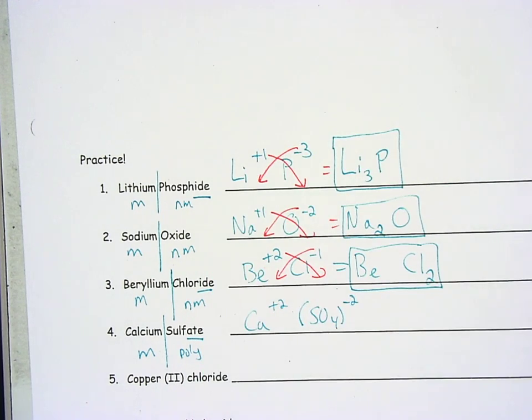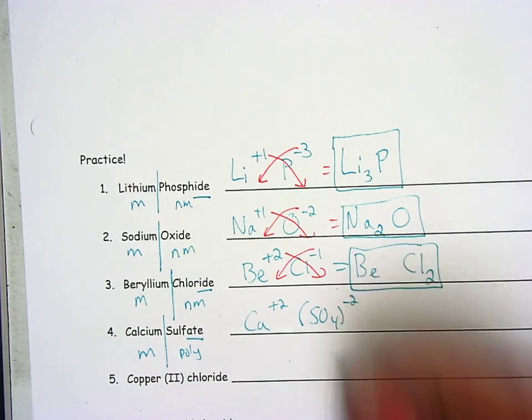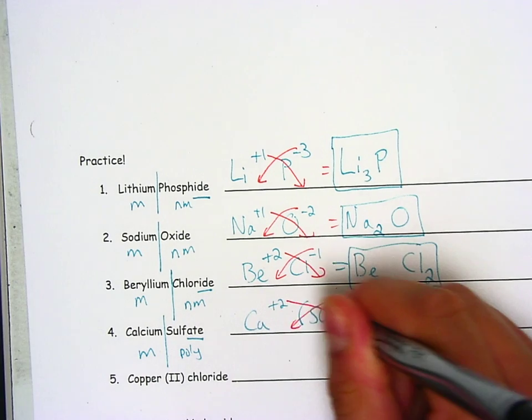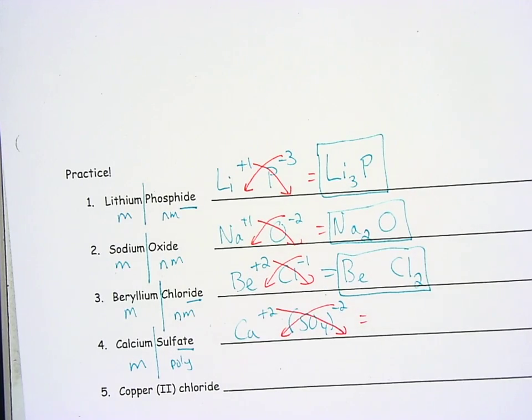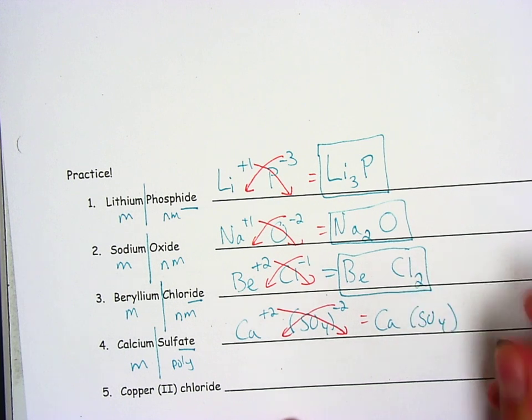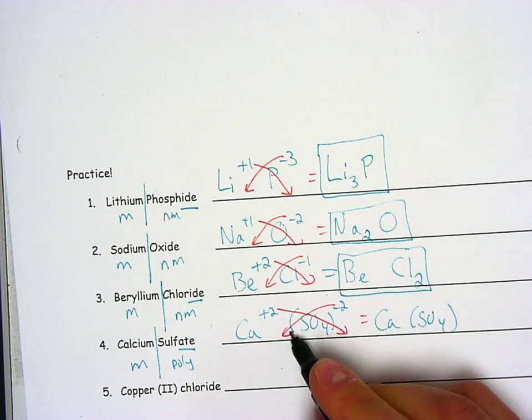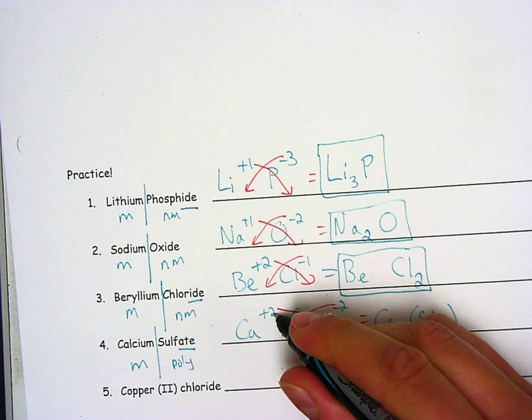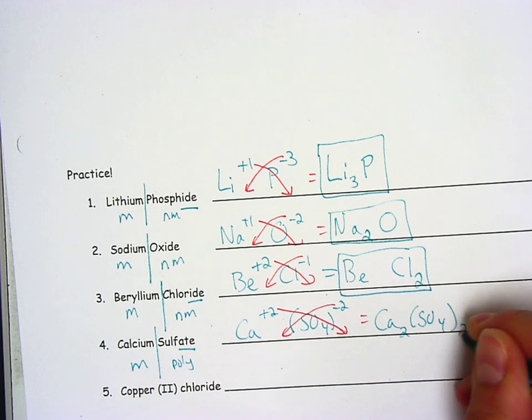Okay. All right, we're going to crisscross those charges. This one also has a little kind of catch to it. All right, CaSO4. Now notice here we have a 2 being put behind calcium and then another 2 being put behind sulfate.